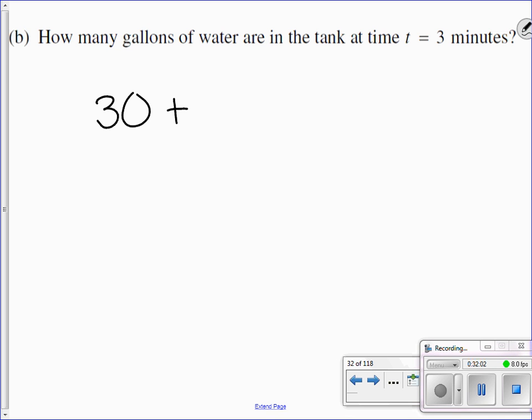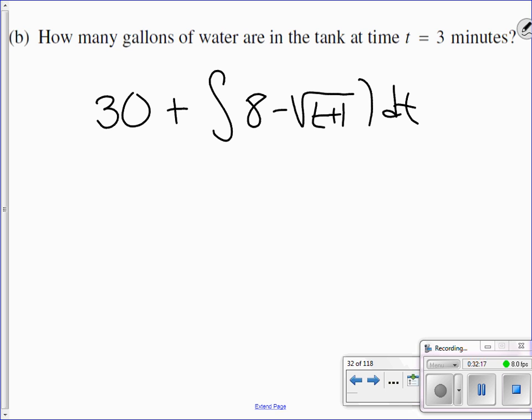30 plus... Now, how many gallons? Remember, we had a rate in and a rate out. It was the rate in minus the rate out, 0 to 3. Now, am I going to do all this work all over again? No, you can integrate these separately.